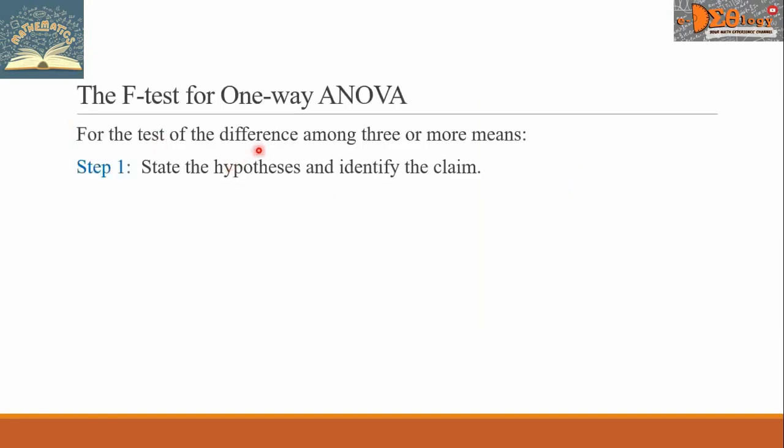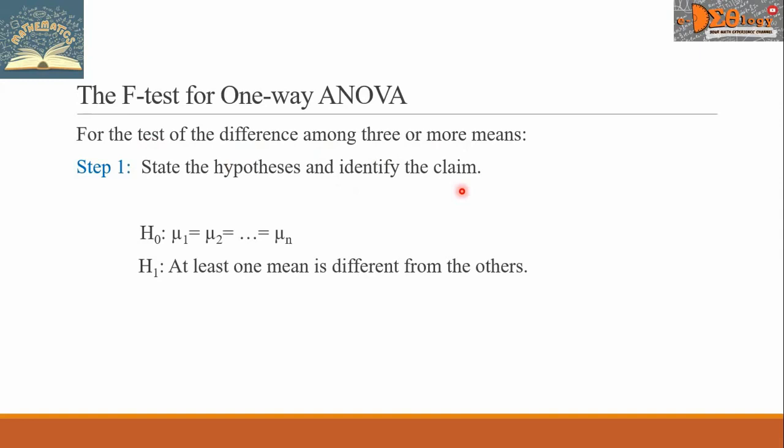For the test of the difference among three or more means, this is step 1. State the hypothesis and identify the claim. So here is how we're going to write the hypothesis.